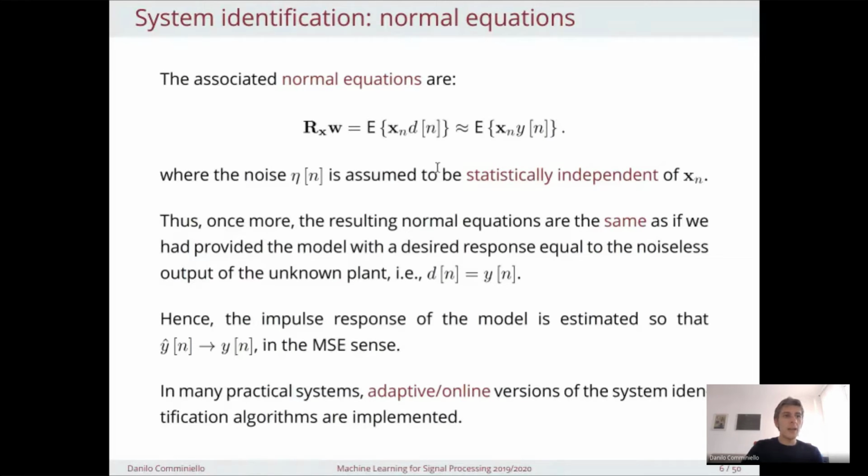It means that since you are considering a noise vector which is uncorrelated with respect to the input, the expectation of the product between x and the noise signal is going to be zero, because if you remember, if you consider the mean value of the product of two random variables which are uncorrelated, it is zero.